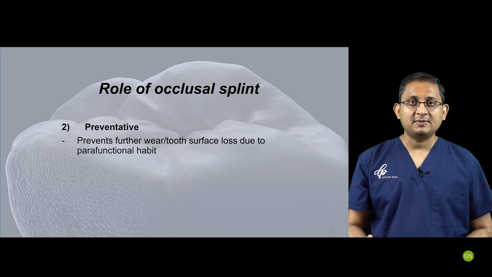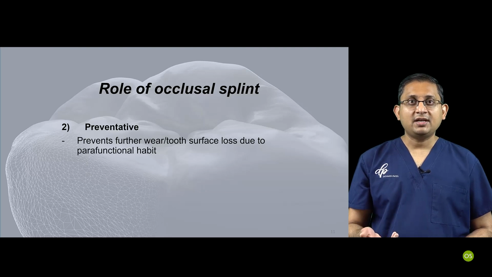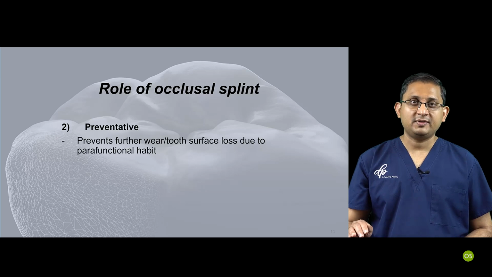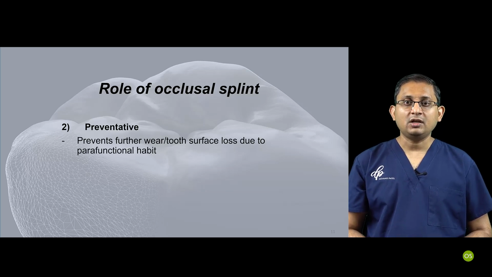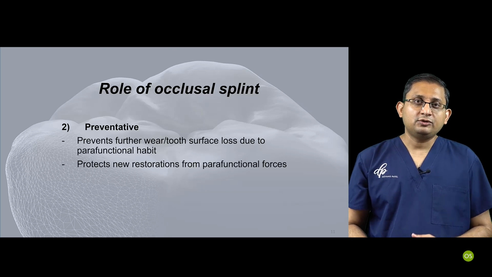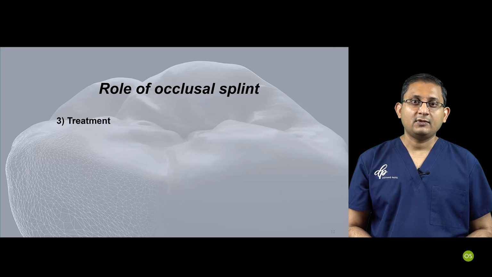You're going to take the splint out, use your teeth for normal functional activity, and because of that, you need to educate patient that it is for preventative, but it's not going to prevent 100% of the tooth wear. So this is very important. So it also obviously protects, as we discussed, your newly restored teeth.